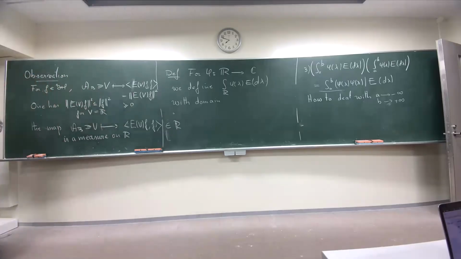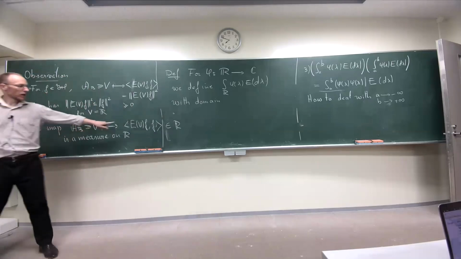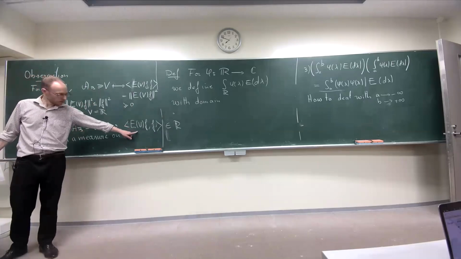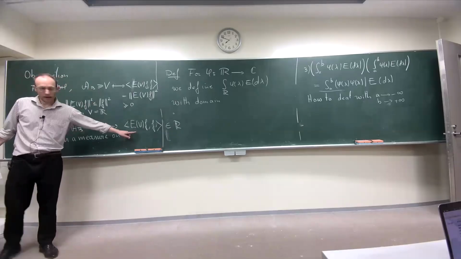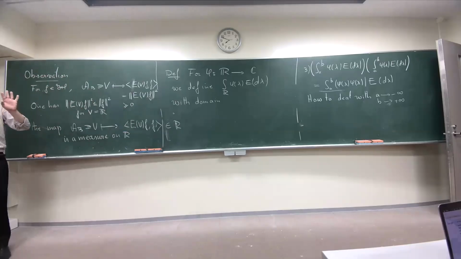It's a way to measure the size of things. Indeed, you take any interval or general interval, you get a positive number or 0. And if you take 2 disjoint intervals, you get the sum of the 2 measures. This is exactly what we want for a measure.